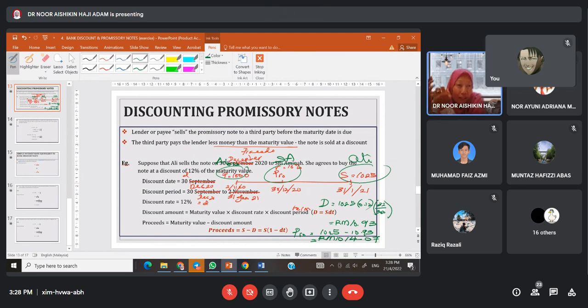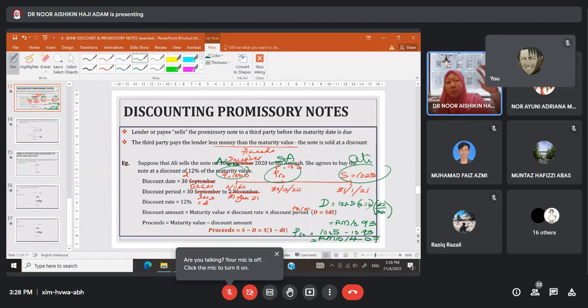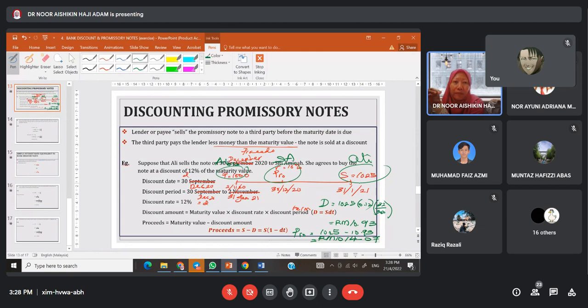Note tu dah bertukar tangan kan? So bila dijual note tu, Siti Aminah lah pegang note tu. So Abu is bound to pay Siti Aminah then. Bukan lagi kepada Ali. Sebab Ali dah dapat duit, cuma dia dapat kurang lah daripada yang sepatutnya from Siti Aminah. Faham? Okay. Orang lain faham tak?